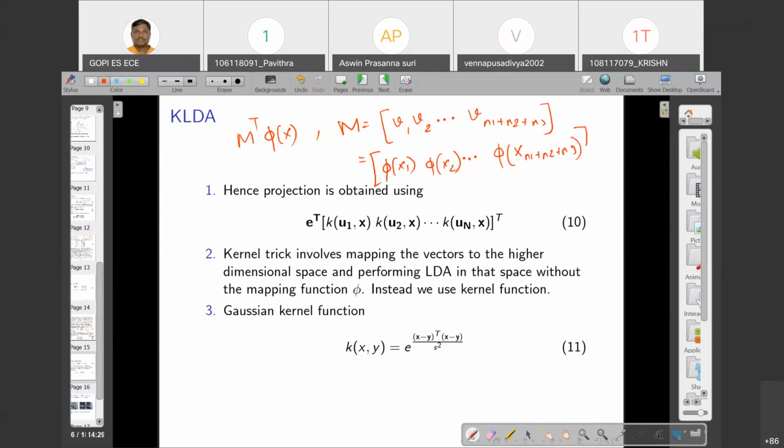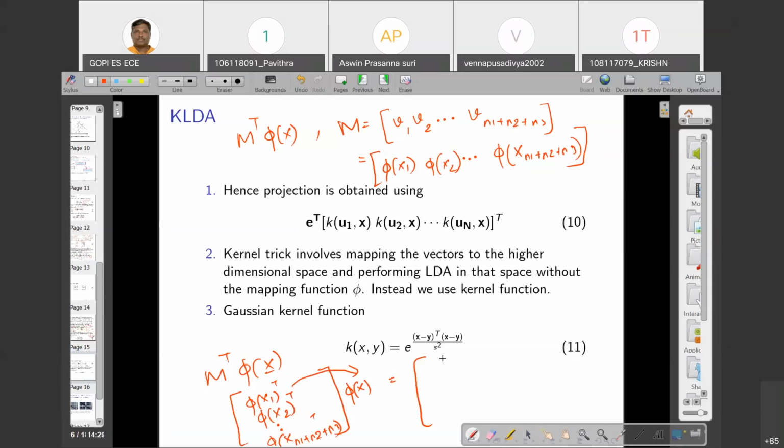Now M transpose is basically phi of x1 transpose, phi of x2 transpose, and so on up to phi of x of n1 plus n2 plus n3 transpose, multiplied with phi of x, row times column.